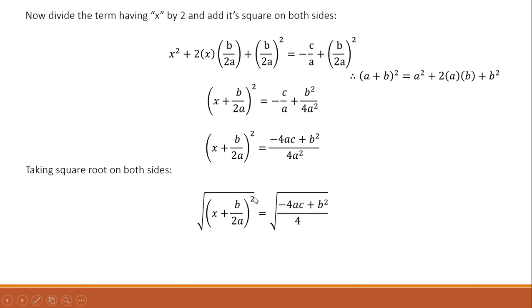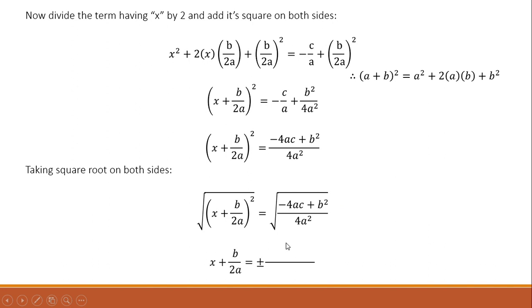Now we will take the square root on both sides. As we know, the square root will be cancelled with the square. We will get x plus b over 2a is equal to plus minus square root of minus 4ac plus b square over 4a square. When we rearrange 4ac plus b square, we will get b square minus 4ac.